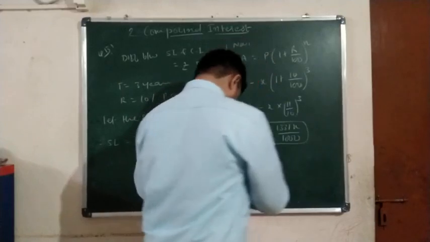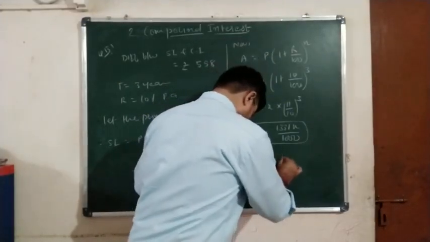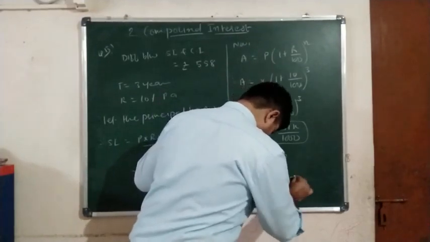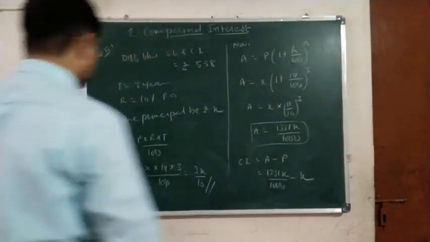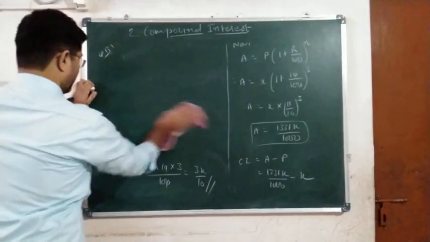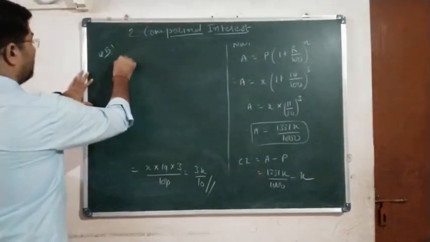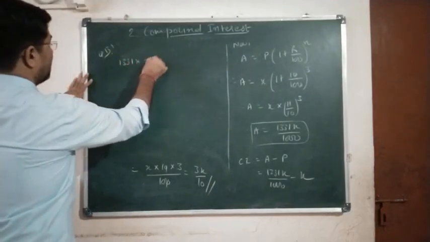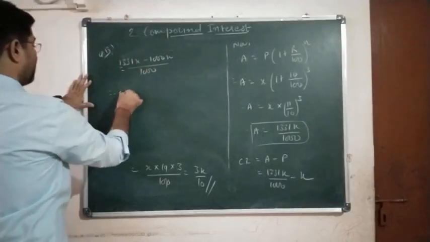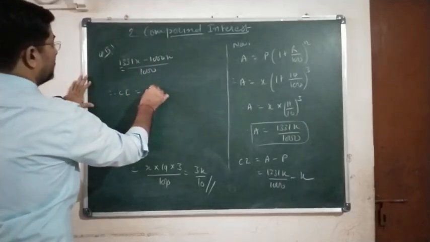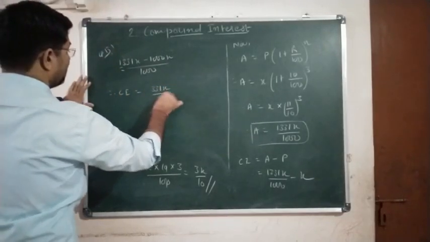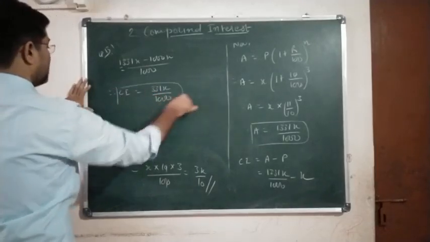Okay, this is amount. Now let us calculate CI. A minus P, so 1331x upon 1000 minus x. Clear? So 1331x minus 1000x upon 1000, and therefore CI is equal to 331x upon 1000. This is CI.